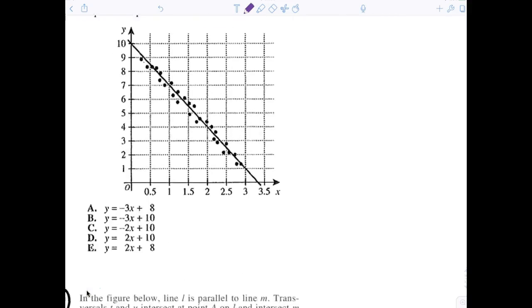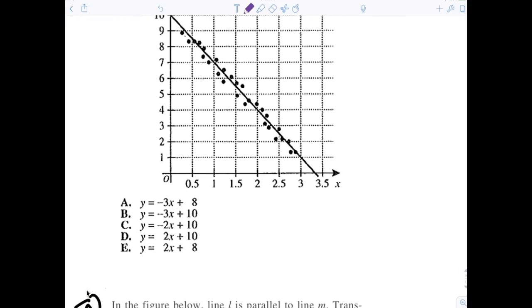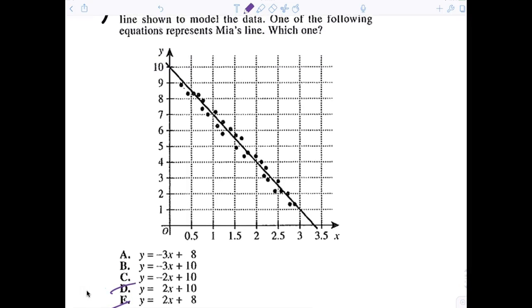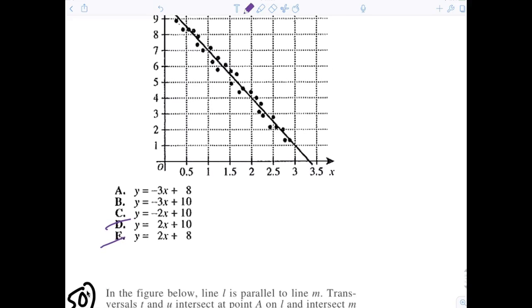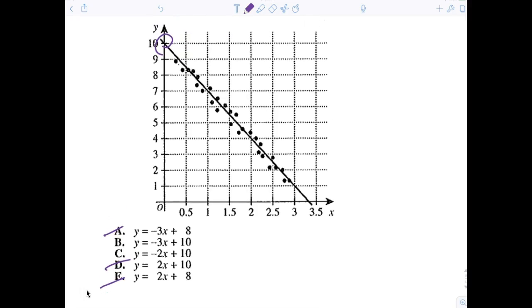All right, 49. Is that a positive slope or a negative slope? Negative. So D and E are out. Now I'm looking at the y-intercept. The y-intercept looks to me like 10, so that brings A out. Now it's just a matter, is the slope down 3 and over 1 or down 2 and over 1? Here's a good point right here, and here's a good point right here.